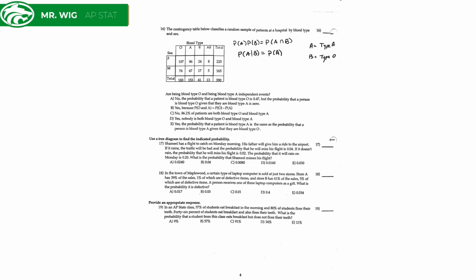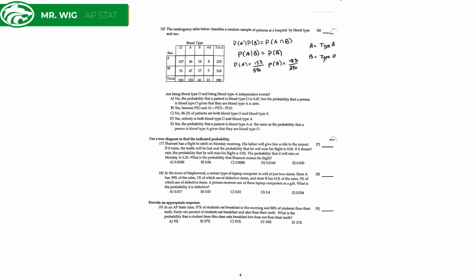So what's the probability of having type A blood? What do we know? 153 out of 390? Yes, we have 153 people out of the total 390. What is the probability of having type O blood? That's going to be 183 out of 390.